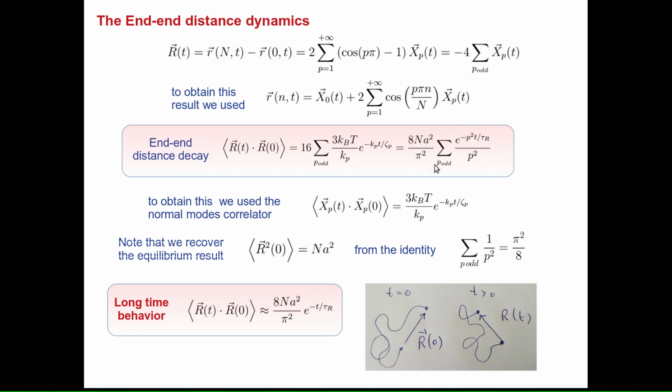Of all these exponentials, only the one decaying the slowest survives, and this corresponds to the mode where p is equal to 1. This gives this type of exponential. So the long time behavior of the end-to-end distance relaxation is just a simple exponential.